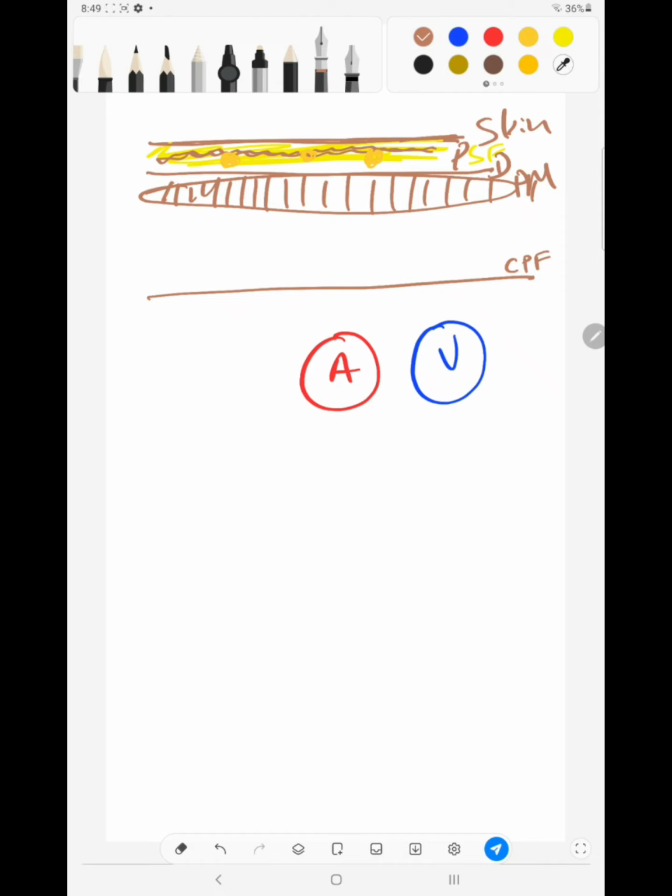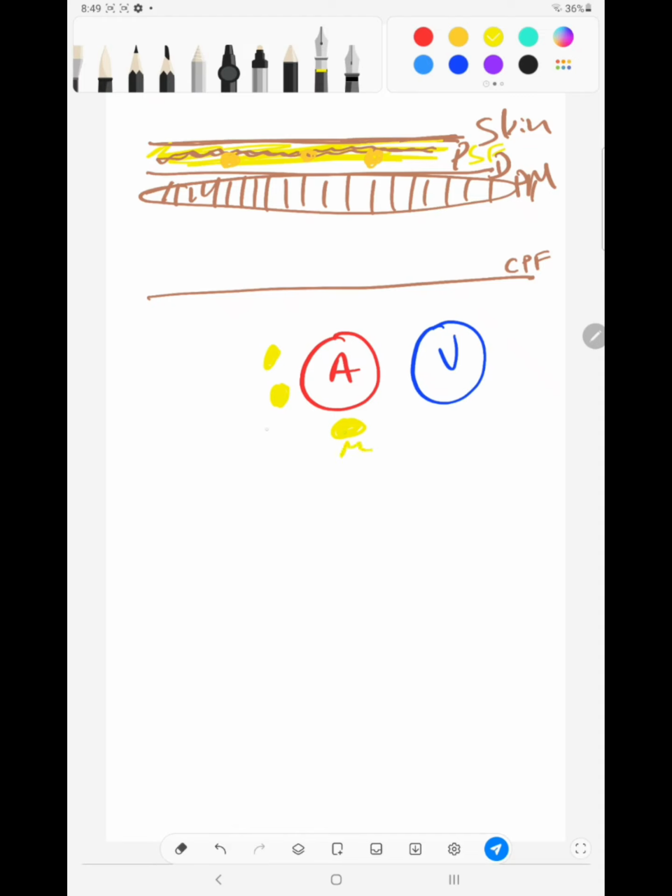Okay. Now, what are the relation of the cords of brachial plexus around the first part of the axillary artery? So as we know, the medial cord of the brachial plexus lies posterior to the artery, and the posterior cord and lateral cord, they lie lateral to it.